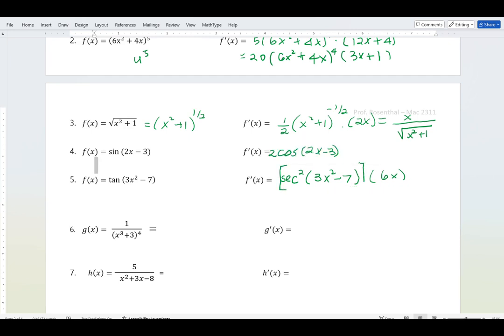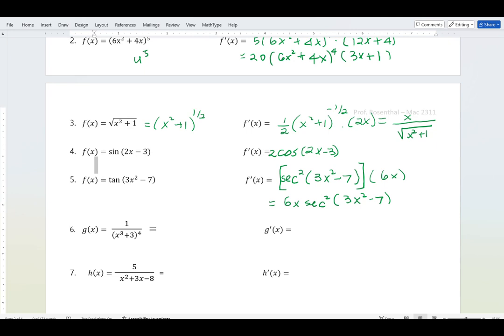So it cannot be multiplied with anything that's on the outside. I would say to avoid that temptation, it's better to leave it like this: 6x times secant square of 3x squared minus 7. So I put that up front, so clearly showing we don't want to multiply them.